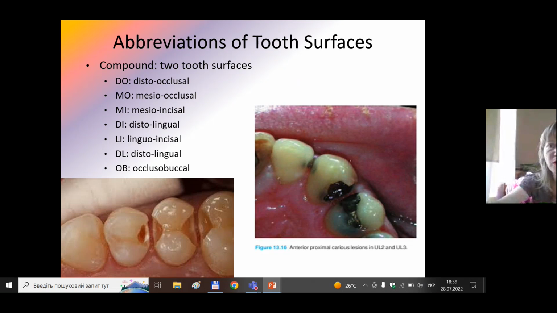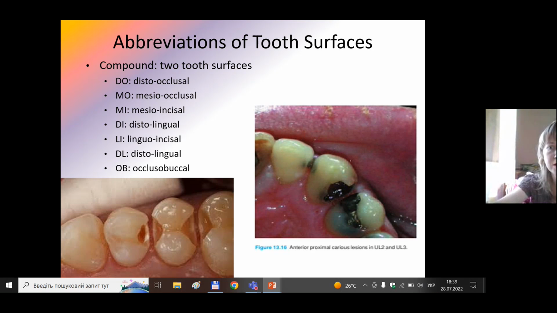Abbreviations of tooth surfaces for compound cavities. Compound cavities are cavities that involve two tooth surfaces. Usually it goes in this way. The doctor can write DO, disto-occlusal, and please memorize how to pronounce these surfaces when describing which tooth surface is affected by tooth decay.